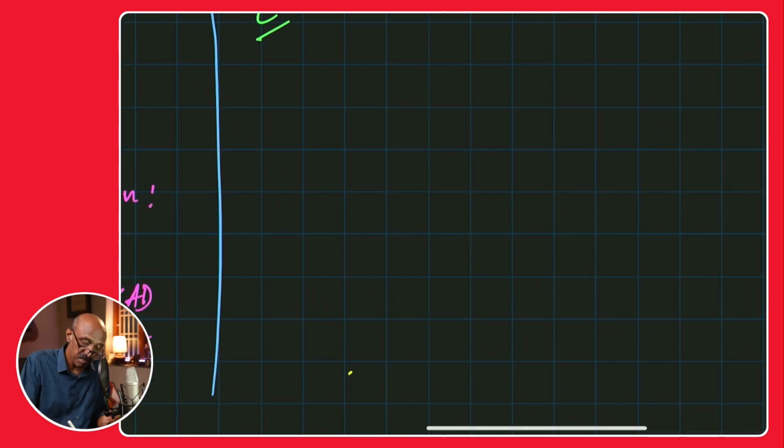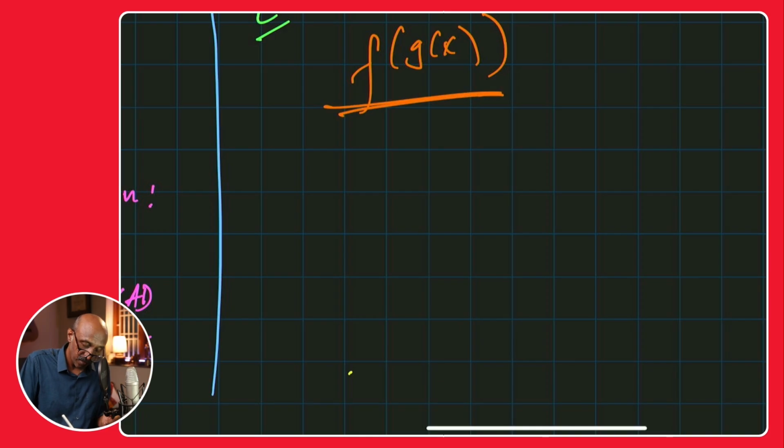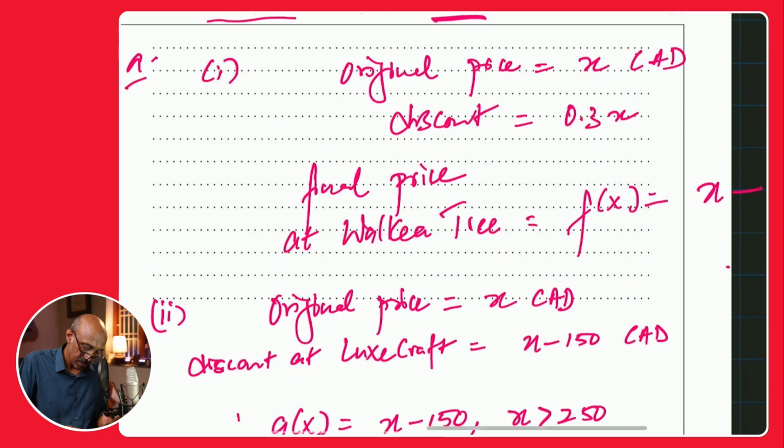So let's just compute. F of g of x. This means first g and then f, right? And remember, x is the original price, all right? So f of g of x, if that's the order we're looking for, x is equal to, I think it was 450. Let me just check that quickly.